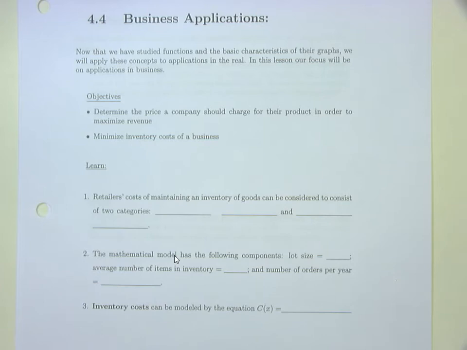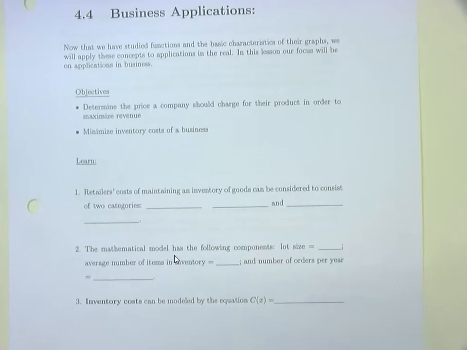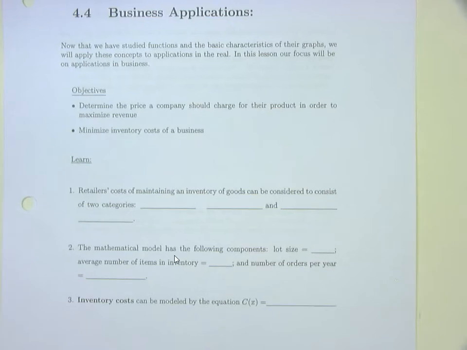So, the formulas you need to know. And again, this is just business, so I'm going to go straight into the formulas. In this problem, we're going to be focusing on the concepts of applications of business. Basically, our objectives are to determine the price a company should charge for their product in order to maximize revenue. So we're looking at maximizing revenue, because minimizing revenue kind of is stupid.